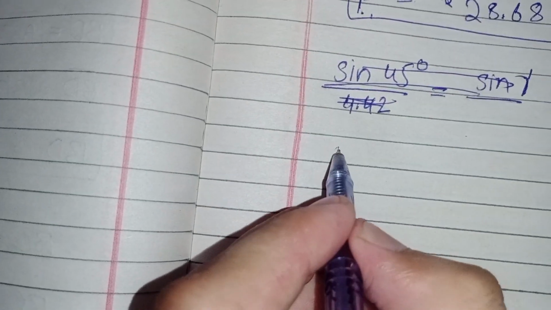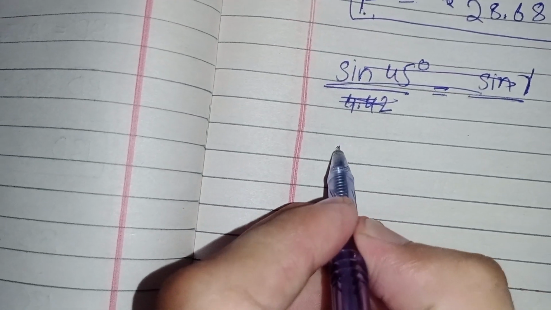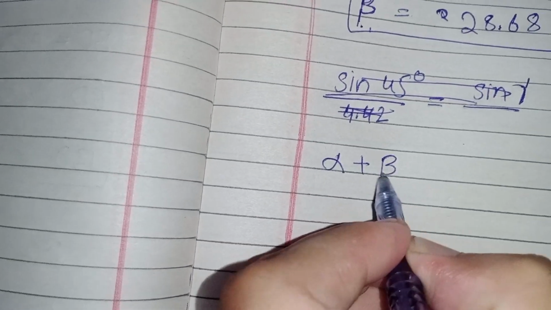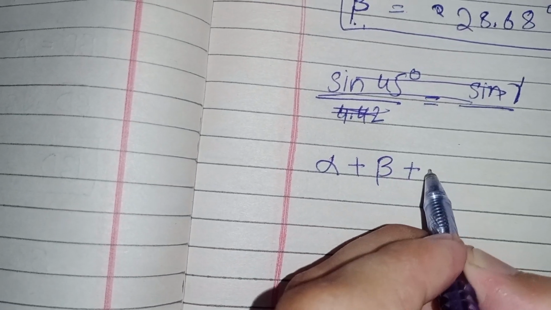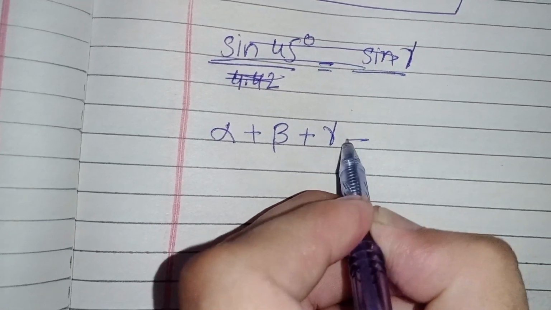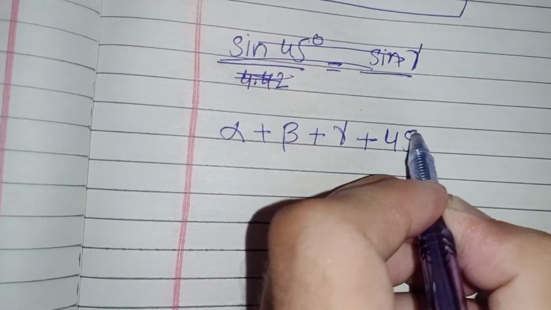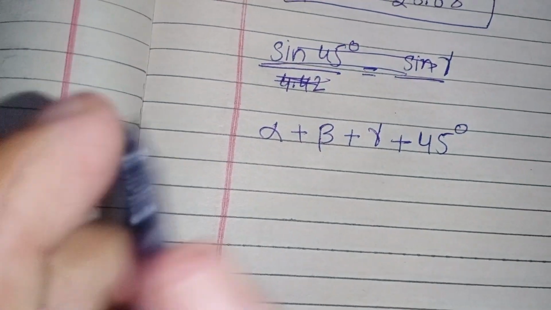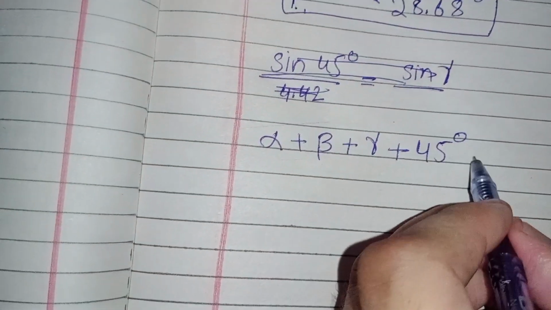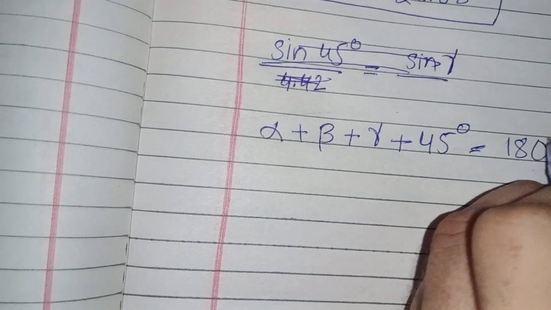So we can say that alpha plus beta plus gamma plus 45 degree, all angles in this triangle, equal 180 degree.